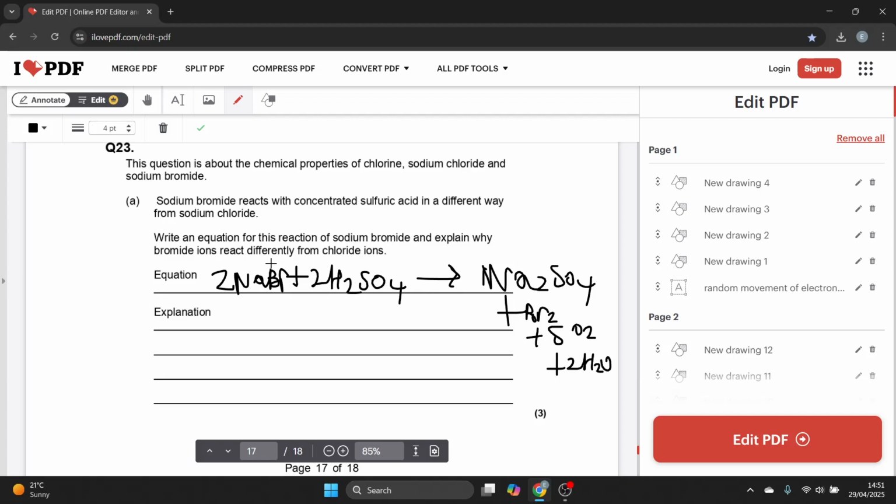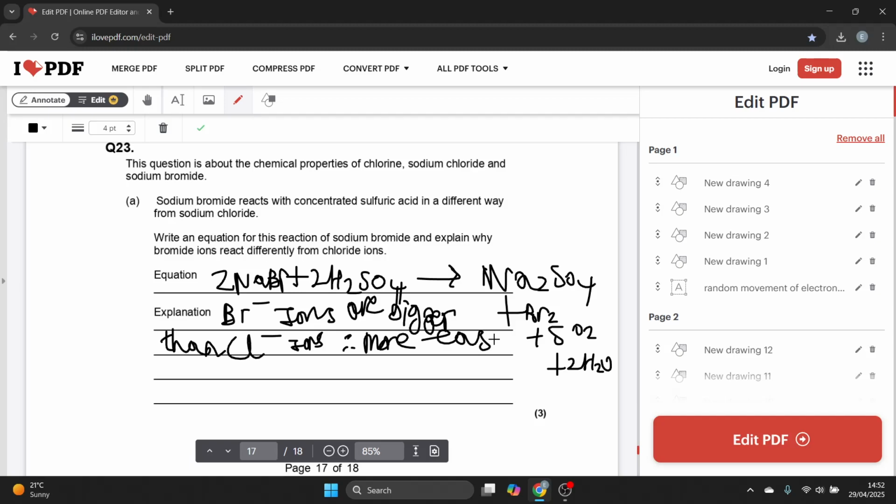Why does it react differently from chloride ions? Well, number one, Br minus ions are bigger than Cl minus ions, therefore more easily oxidized.